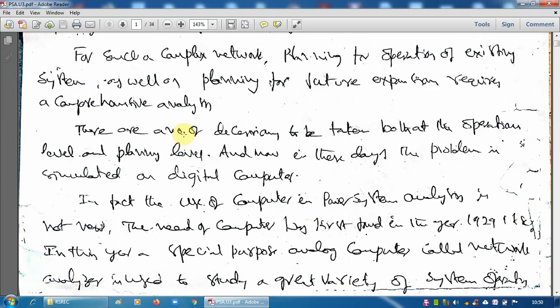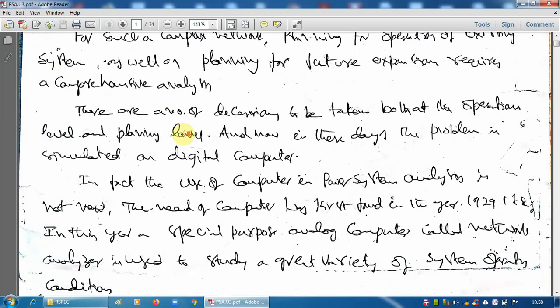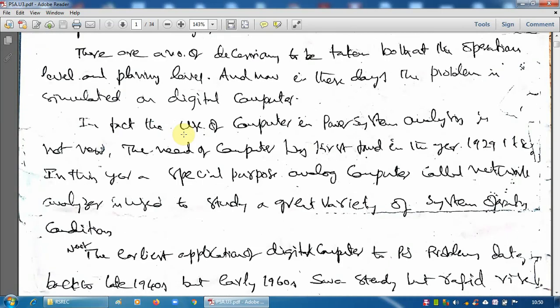Once again, load flow studies or load flow analysis is nothing but steady state analysis of a given power system network. As we are saying steady state, in practice there is no question of steady state for the power system. We cannot imagine that the power system will be in steady state. Normal load changes will be there.